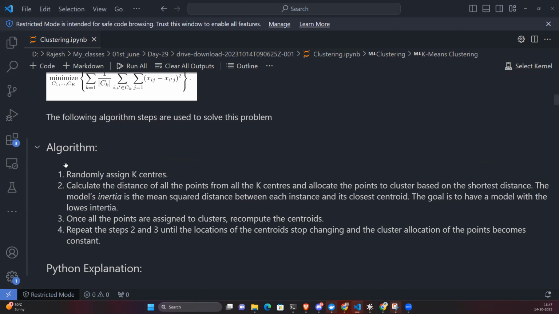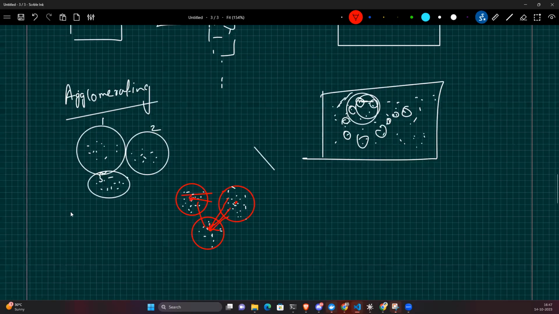And what we are going to do is randomly assign the k centers. So how is k-means clustering going to work? Randomly we assign the k clusters and calculate the distance of all the points from the k centers. Let's suppose we have this data point.